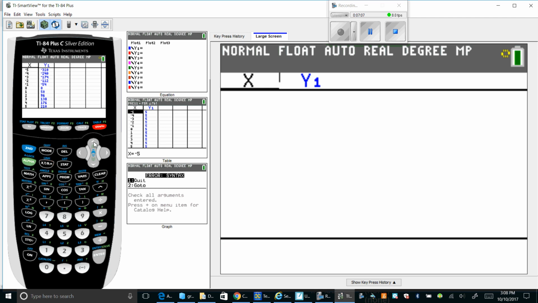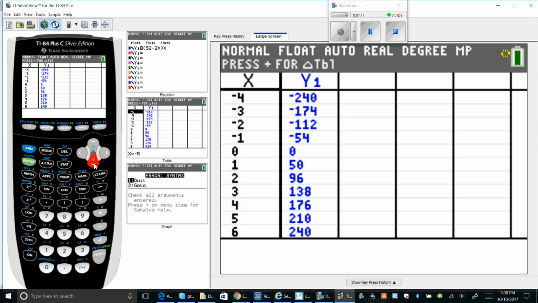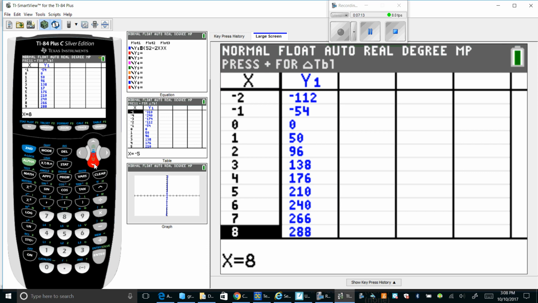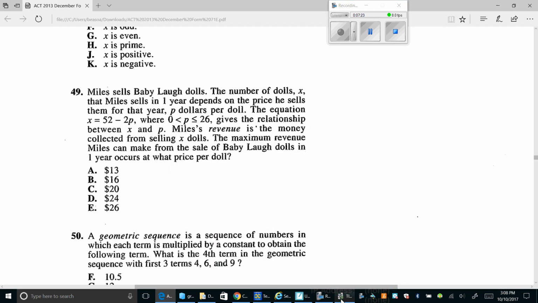If you start scrolling down through here, you'll find their most amount of money comes about when x is, see, it's going up till it's 13, and then it starts going back down. So $13, and then they'd sell those 13 dolls. So I think that the answer is A, $13.